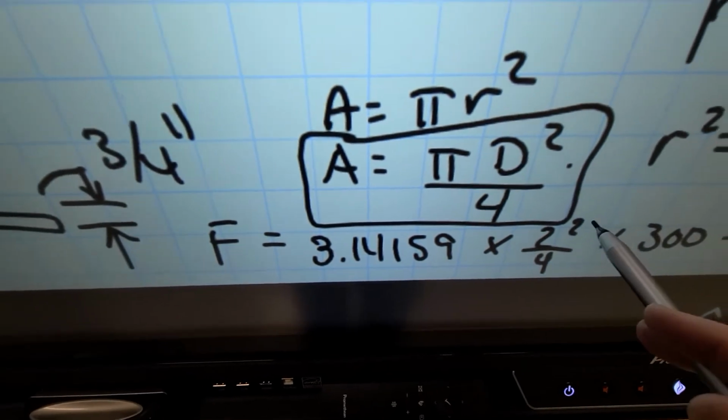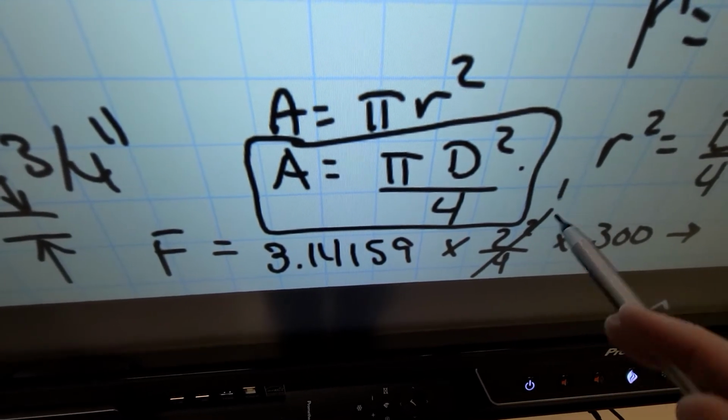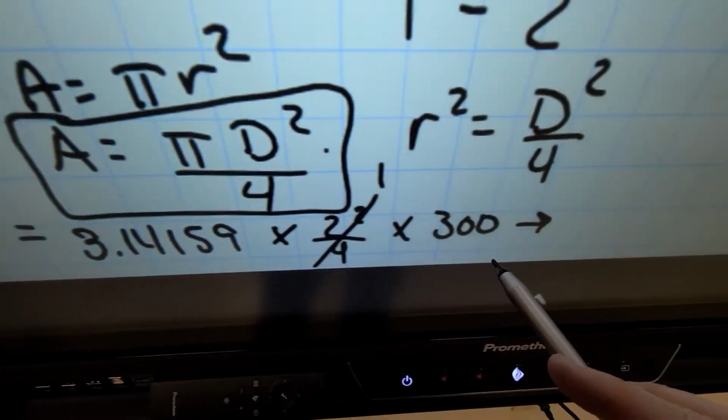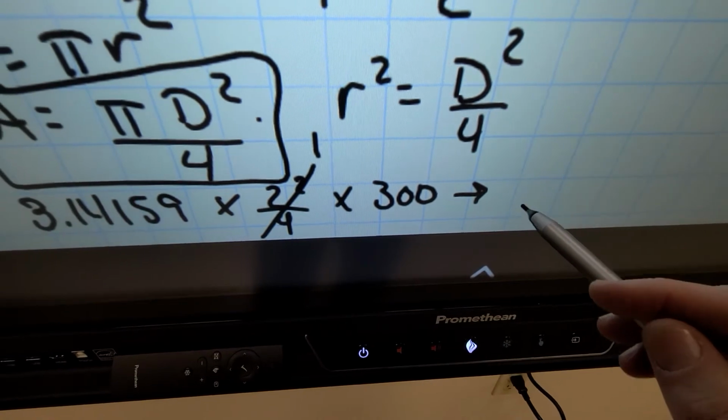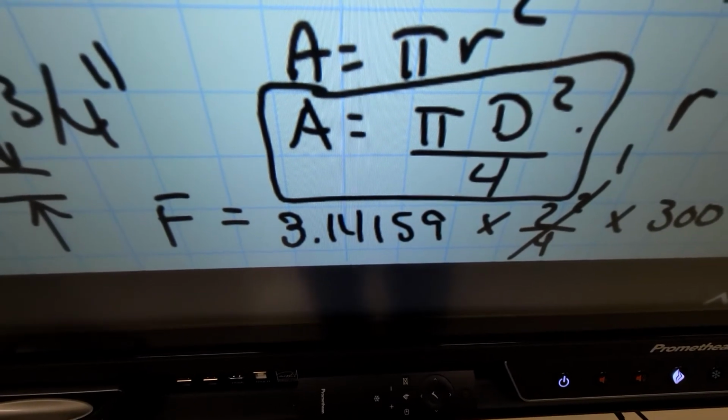So this is 1 right here. I'm just going to draw 1 through there. So it's 3.14159 times 300. So it's a little more than 900 pounds of force.